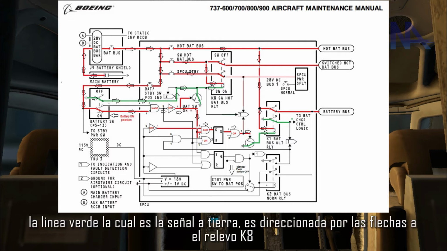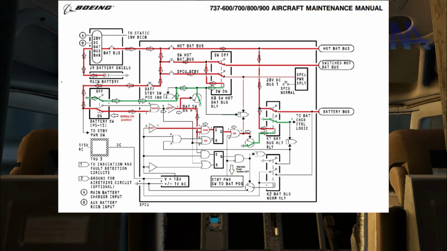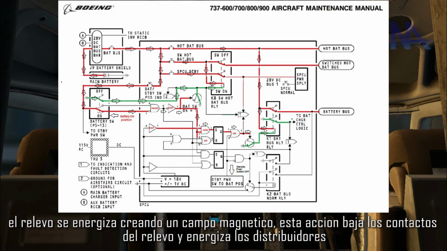The green line, which is the ground signal, is directed by the arrows to the K8 relay. The relay energizes, creating a magnetic field. This action closes the relay's contactors and powers the buses.